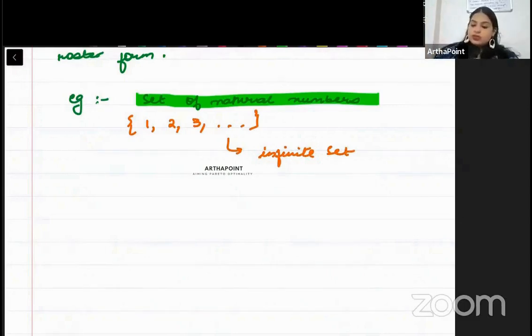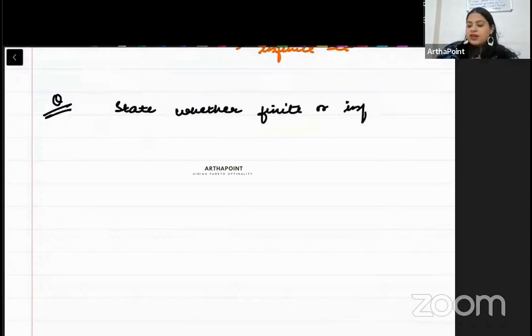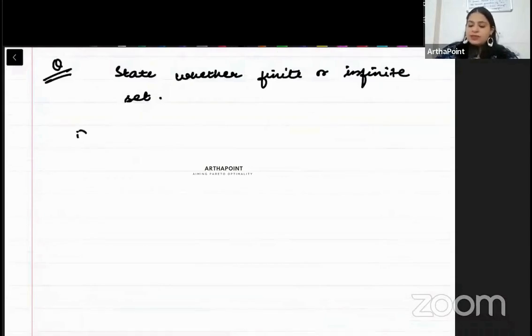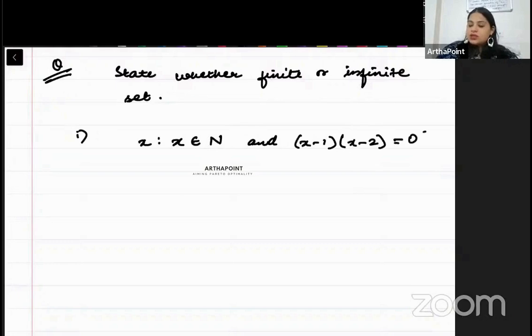Okay, now let's do a question, beta. State whether the set is finite or infinite. You have to tell whether it is finite or infinite. Okay, let's take the first example, beta. X is such that x belongs to natural numbers and (x minus 1)(x minus 2) is 0.